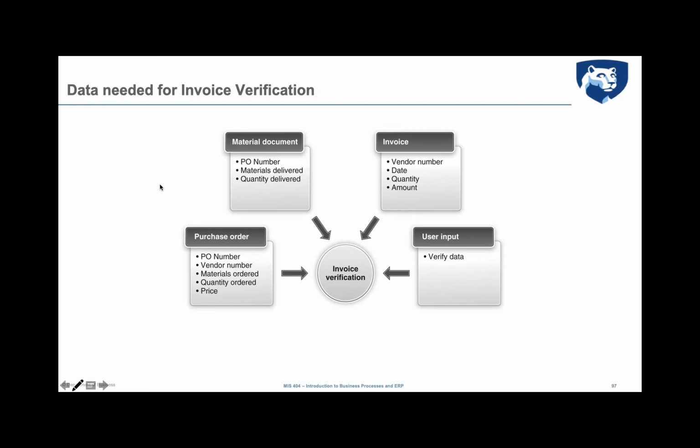Which are the data that you need for invoice verification? Of course, all the data that were included in the purchase order, the material document, and the delivery document, which are connected to the goods receipt, and all the data that you need to report the paper invoice or electronic invoice into the system: the vendor number, the date, the quantity, the amount, and then you also need some user support to verify that everything is correct.